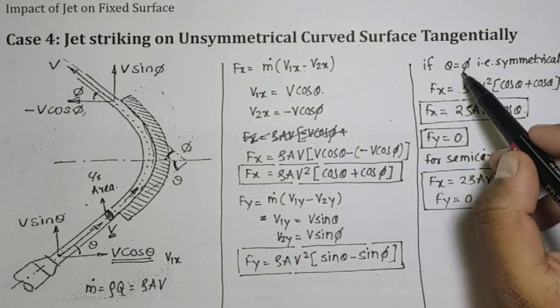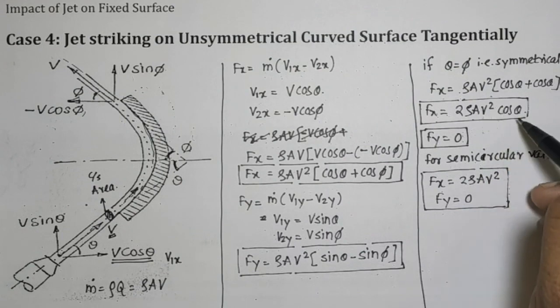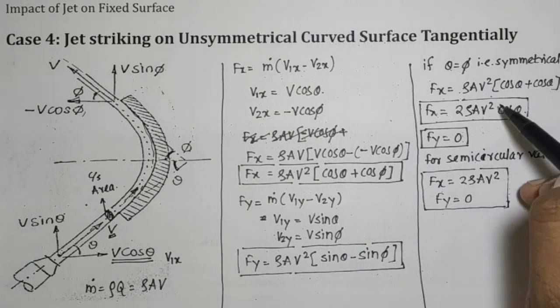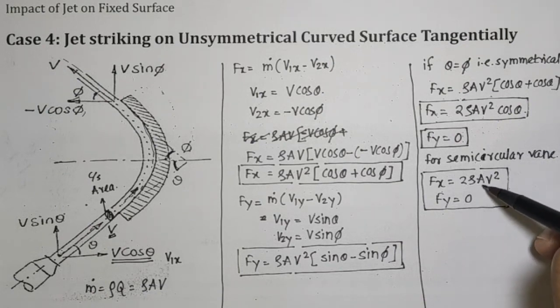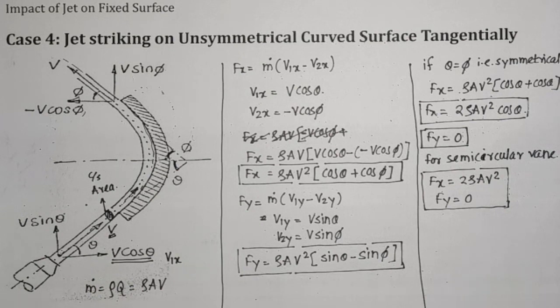If it becomes symmetrical, the force magnitude changes. If it becomes semicircular, the force magnitude remains constant, 2 rho a v square, similar to the previous case we have seen, the symmetrically curved hemispherical surface. So this is all about case number 4.